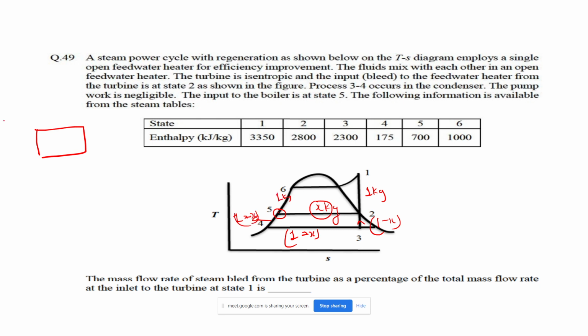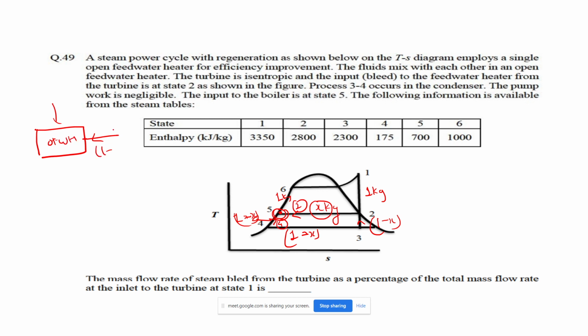So here this is the open feed water heater, here it is working. It's condition 2, here it is condition 4. Let me write this: open feed water heater.